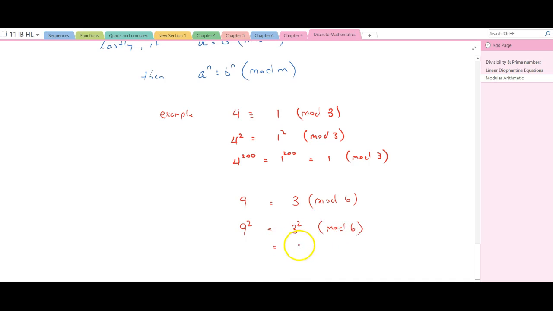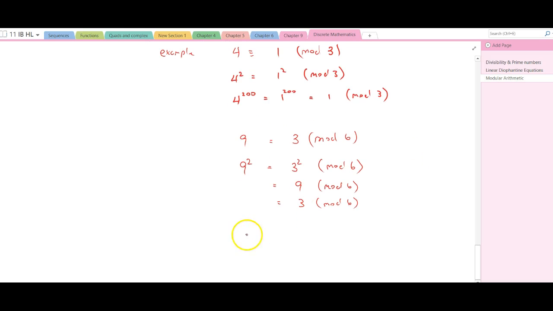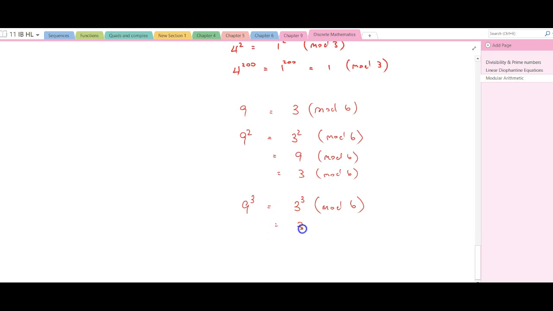Let's check that's the case. 9 mod 6 is equal to 3 mod 6, and 9 squared is 81, and we know that 81 goes in 13 times with a remainder of 3. We could keep going and say that 9 cubed will be equal to 3 cubed in mod 6, and 3 cubed is 27, which in mod 6 is 3. So we're back to a remainder of 3 there.